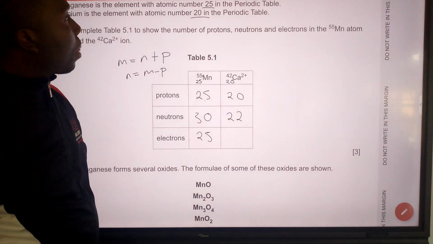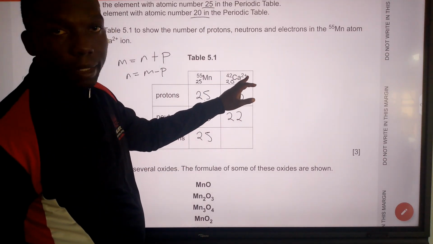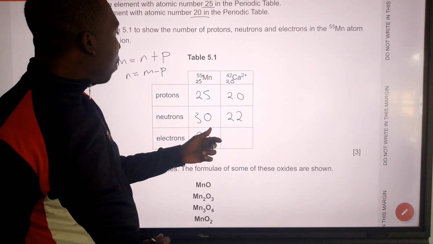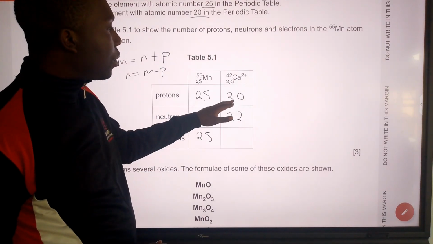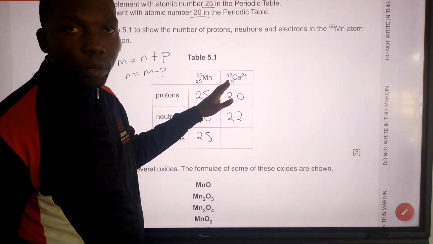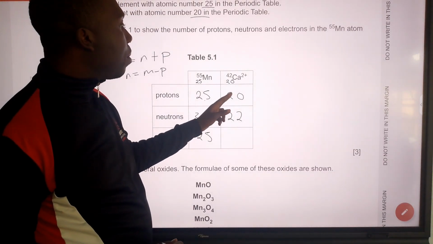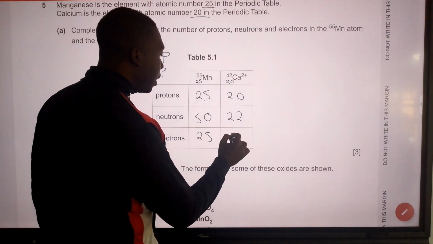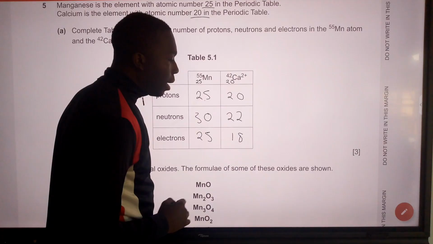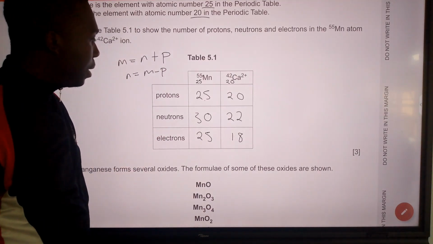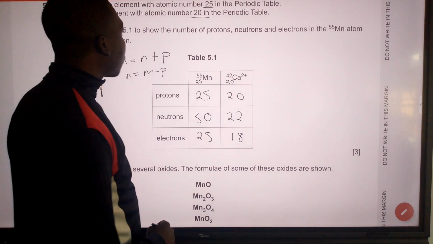For calcium, it is charged, Ca2+. 2+ means it has lost 2 electrons. So from the original 20 electrons, which are equal to the proton number, we are going to subtract 2 electrons. So 20 minus 2, we get 18 electrons. So the number of electrons in Ca2+ is 18.